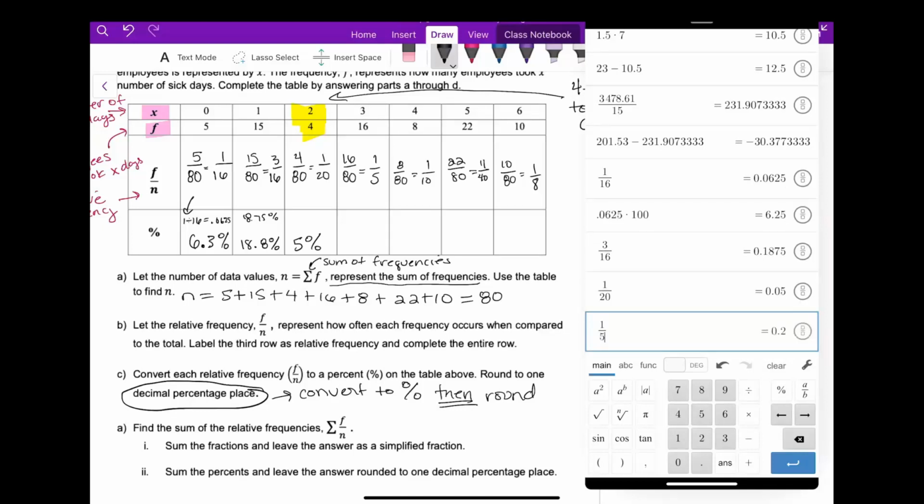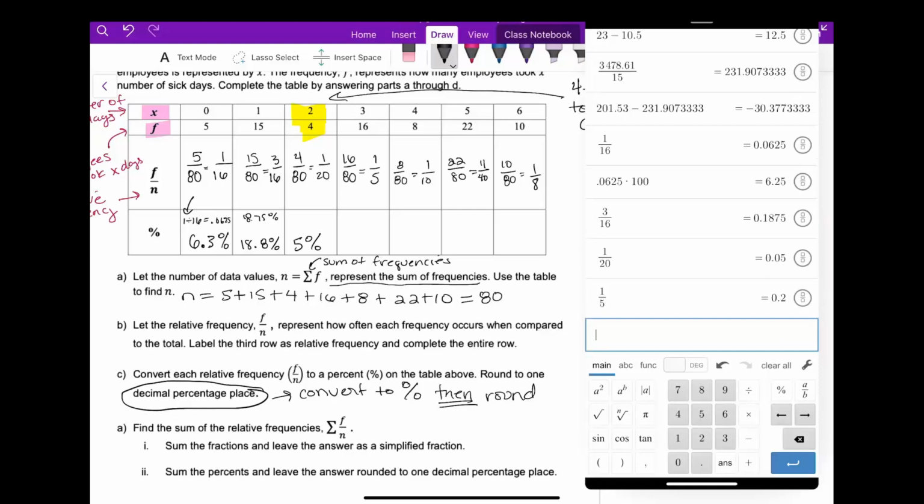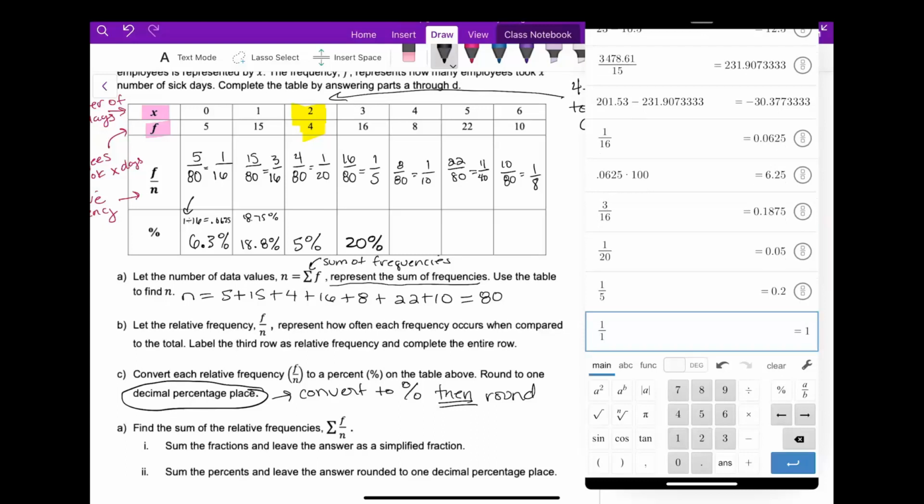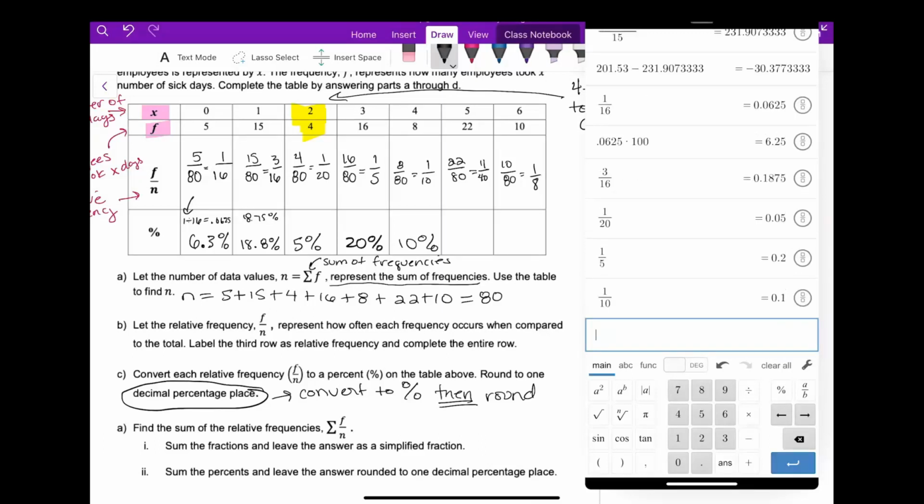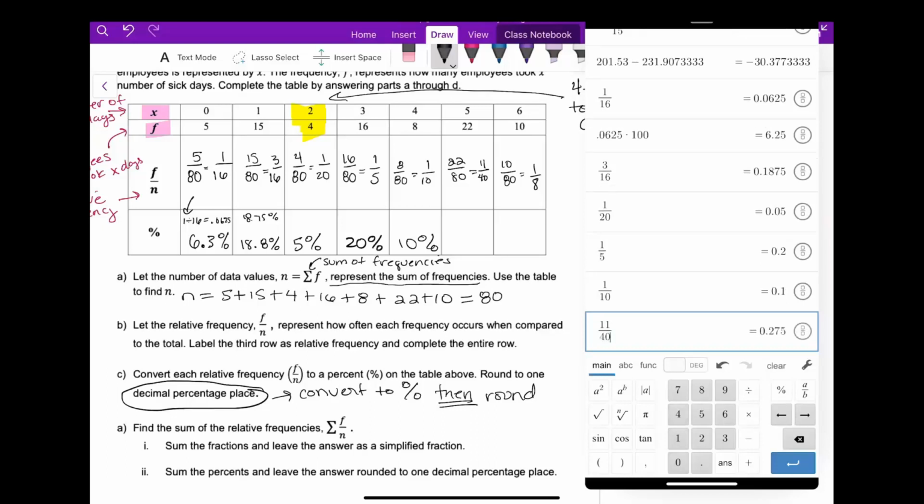1 divided by 5. So we're going to have convert to percentage first. That's 20%. No need for rounding. About 1/10. So this is 0.1. Convert to a percentage first. No need for rounding. 11 over 40. Oh, this one's pretty. So this is where I'm going to remind you.